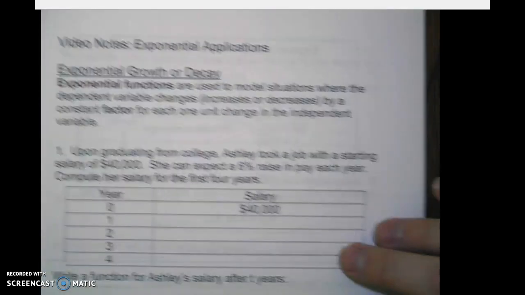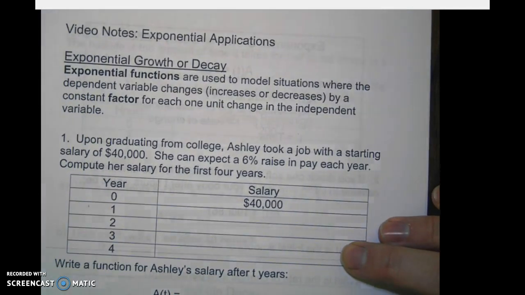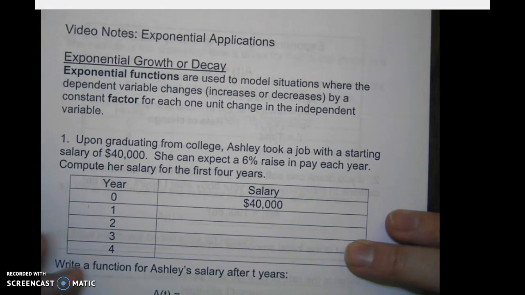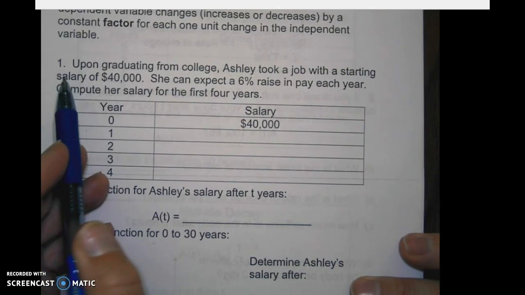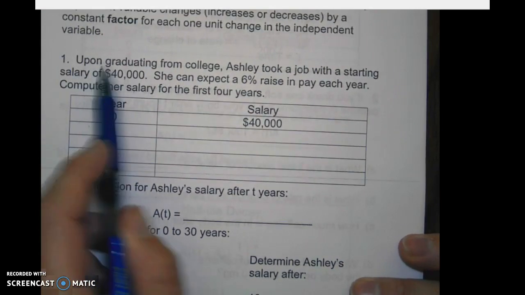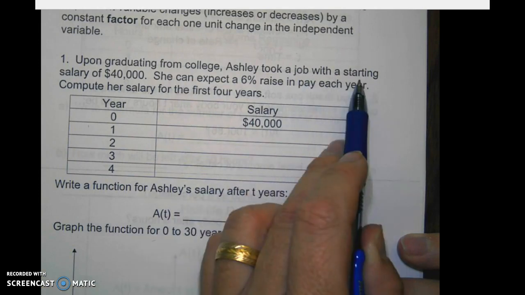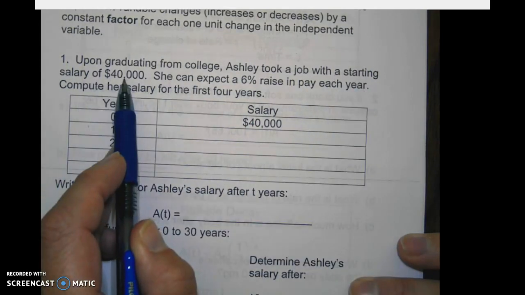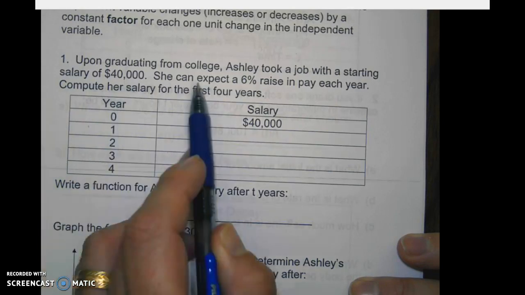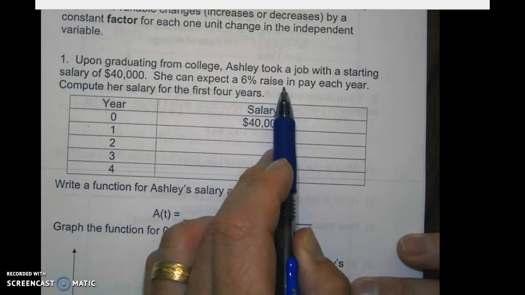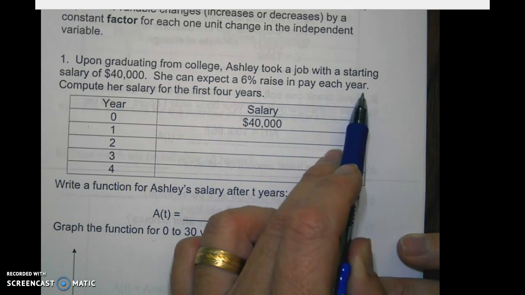Okay, so let's take a look at another example. So we have, upon graduating from college, Ashley took a job with a starting salary of $40,000. She can expect a 6% raise in pay each year.